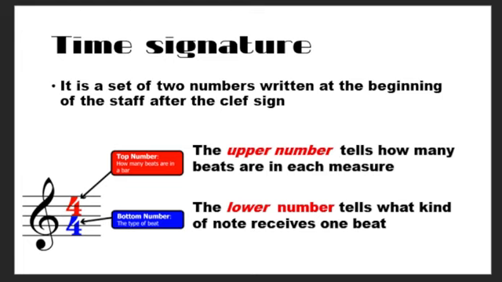That's why we have indicated them with different colors. The red one is upper, which tells us how many beats are in 1 bar, but the lower number tells what kind of note receives 1 beat.